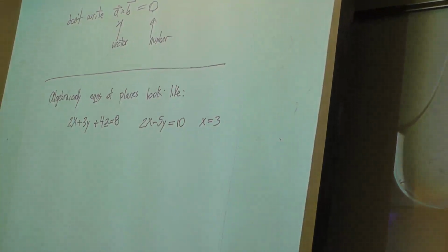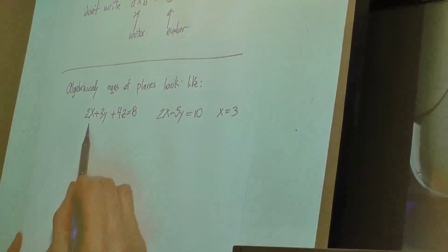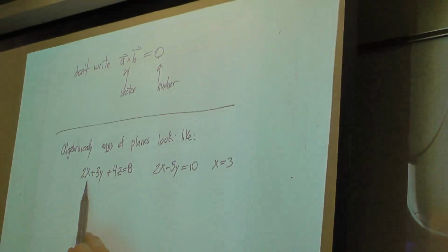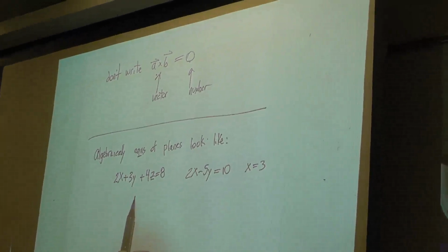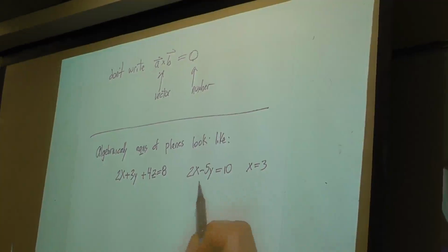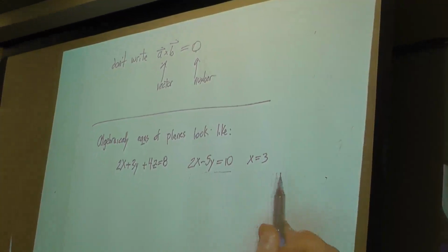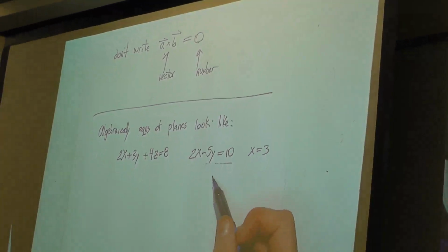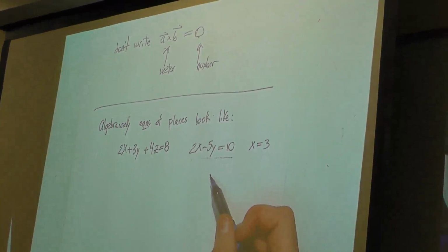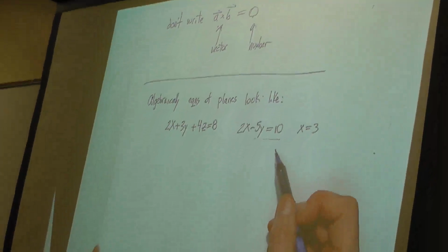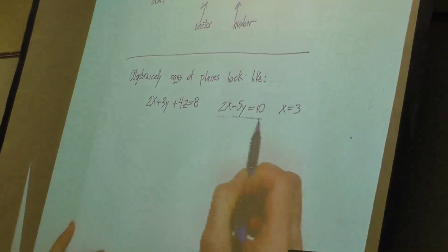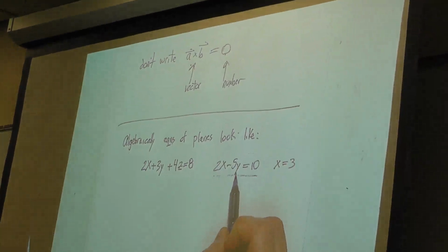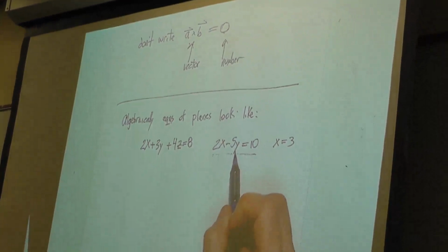In particular, they're linear in all three variables. Out of context, I have no way of knowing if that is representing the equation of a line or the equation of a plane. There's no context here. But if I told you I was working in 3 dimensions, Z here could be anything. And that's the equation of a plane.